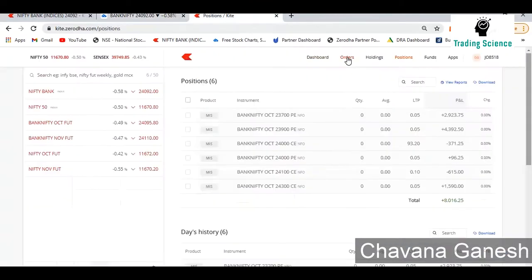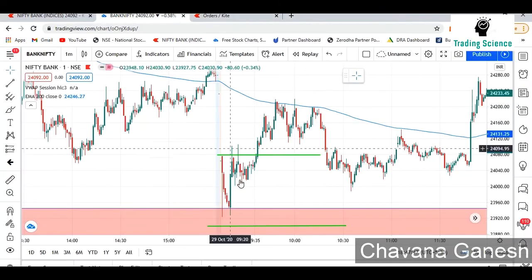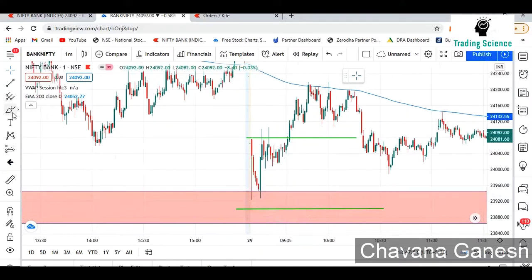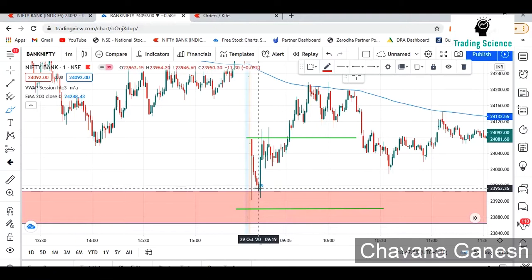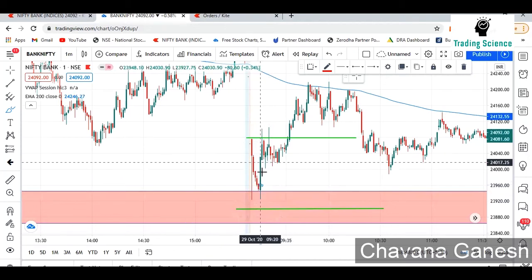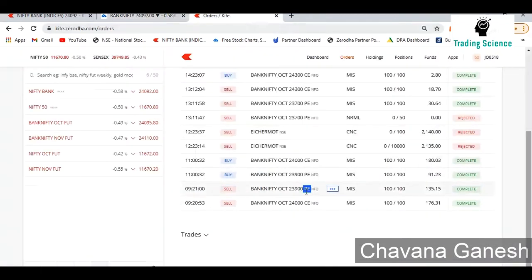Let me show you my orders. At exactly 9:20 I shorted PE, and at exactly 9:20, at this candle, I shorted CE. My bad luck is that when I shorted CE, it went up to here. At exactly this position I shorted CE, and immediately I shorted PE as well for hedging.